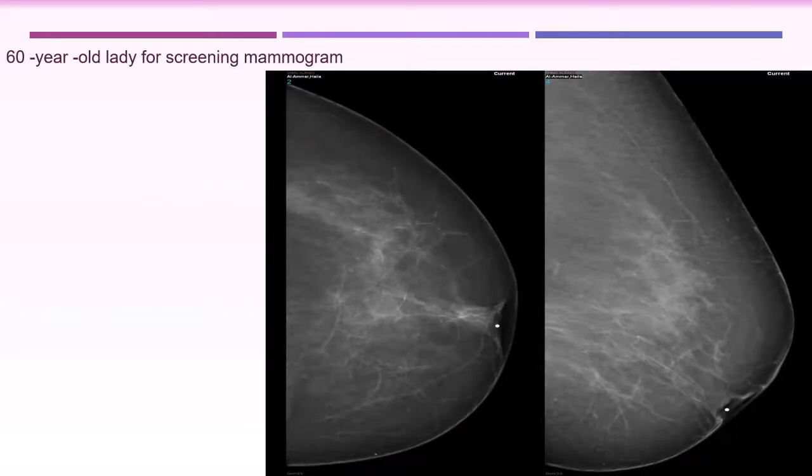Yes, especially if the patient has previous images, you will confidently say this is sequelae of ductectasia. The commonest cause of nipple retraction is ductectasia, especially in elderly women.